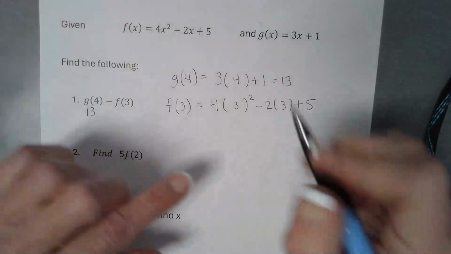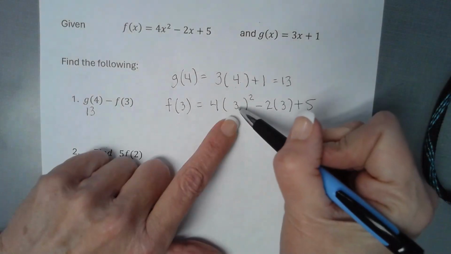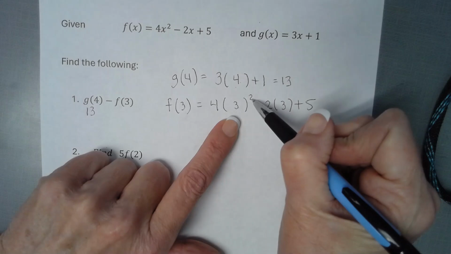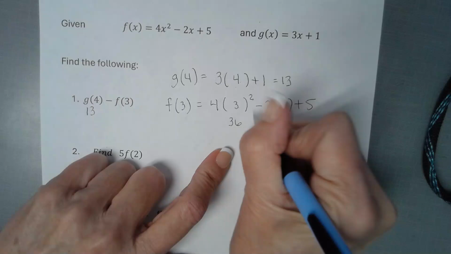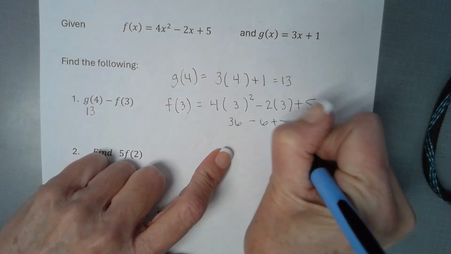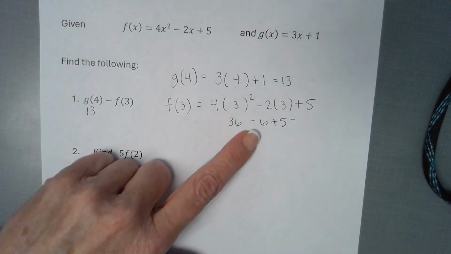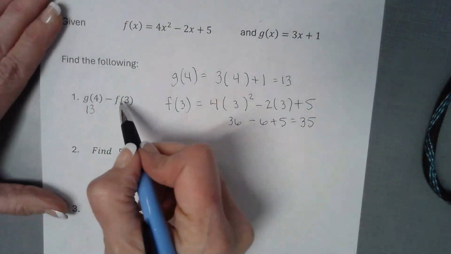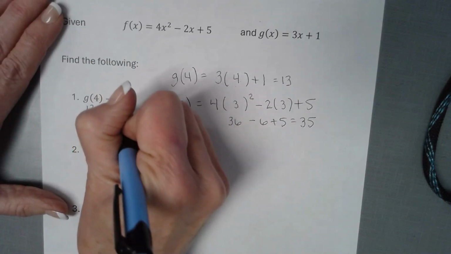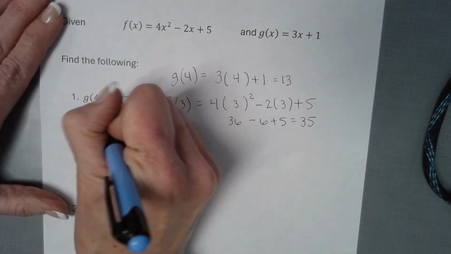Okay, I'm going to show y'all how to do this by hand. 3 squared is 9. 9 times 4 is 36. 2 times 3 is 6, and then tack on the 5. 36 minus 6 is 30, plus 5 is 35. So the value of f of 3 is 35, and they want us to subtract.